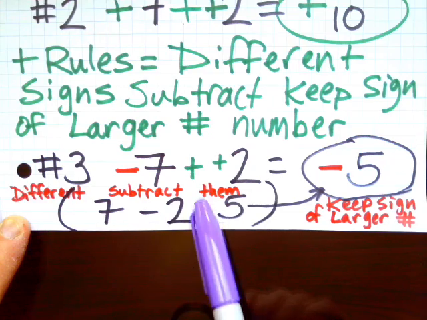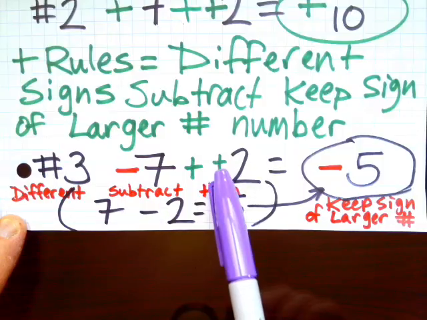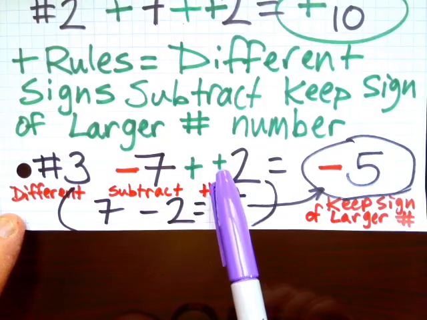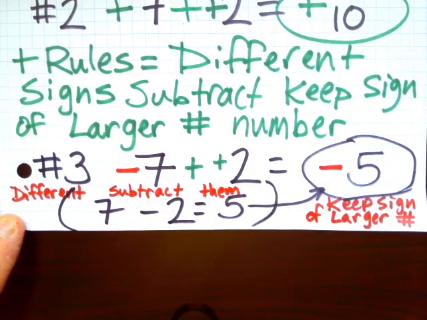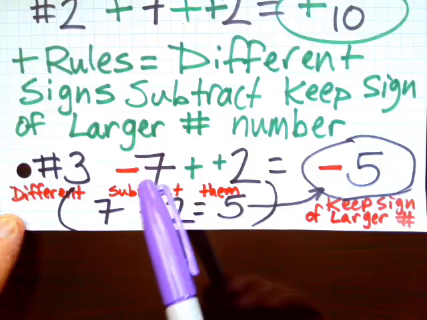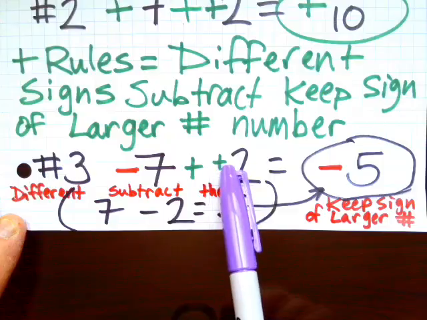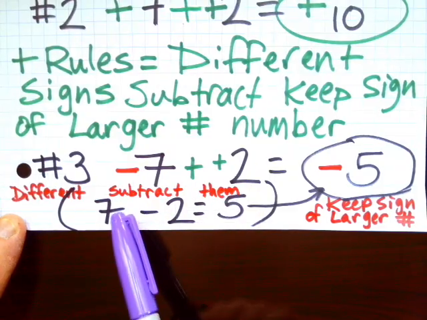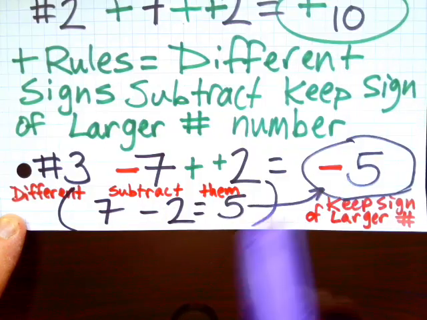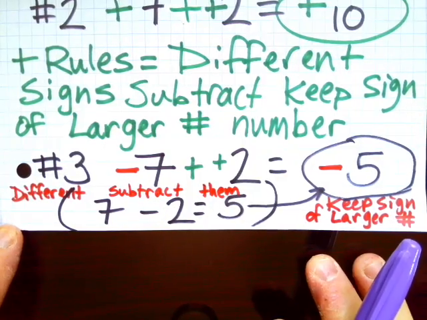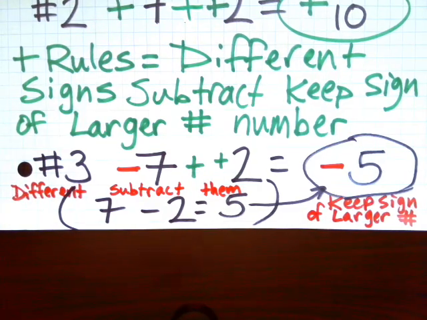I know 7 minus 2 is 5. What do I have more of? Do I have more negatives or do I have more positives? I only have 2 positives and I have 7 negatives. My answer is going to stay negative. So again, the second rule for adding is if they're different signs, you subtract and keep the sign of the larger. I have more negatives. That answer, 7 minus 2, is a -5. -7 plus a +2 is a -5.